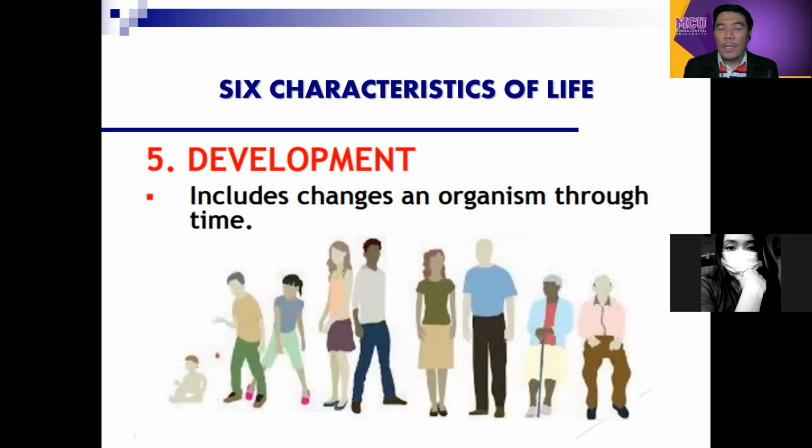Next, when it comes to number five, we have discussed before the development that includes the changes in an organism through time. And we have even discussed that whenever a person may experience disease, there could be a different response from the age and population group. A child or an infant may have a different response from an elder.